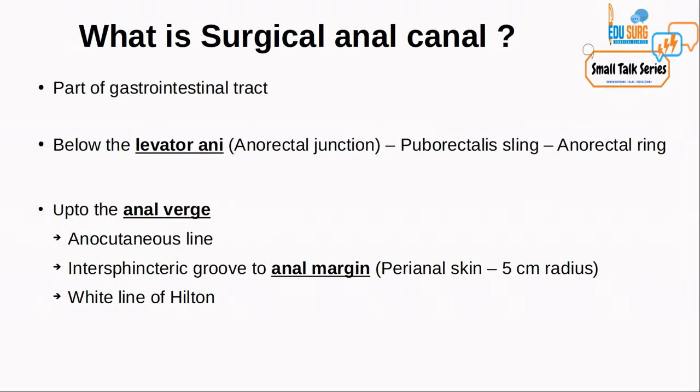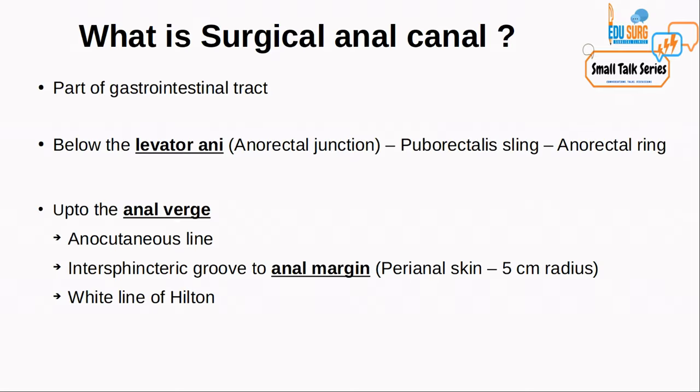Now there is another entity which is known as white line of Hilton. Some people use white line of Hilton synonymously with intersphincteric groove, and some people use it synonymously with anal verge. This description has been different in different books, but essentially anal verge, anocutaneous line, that is the junction between skin and the anoderm, and intersphincteric groove, that is the groove between internal and external sphincter.